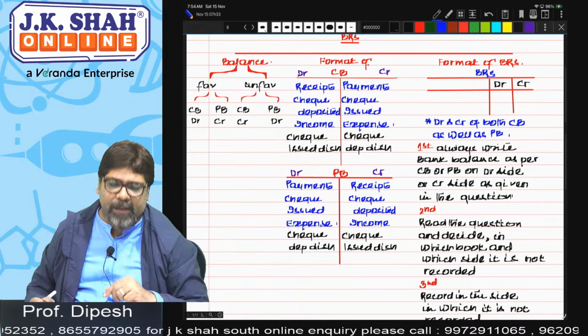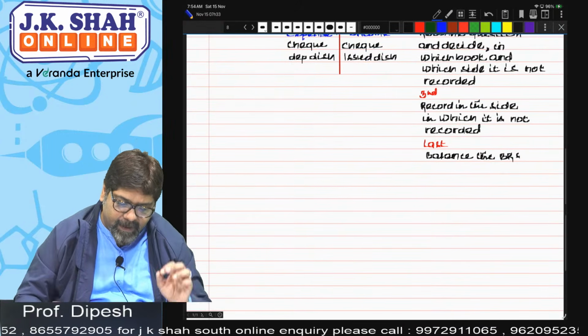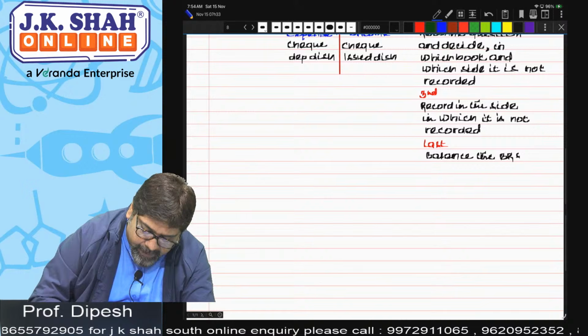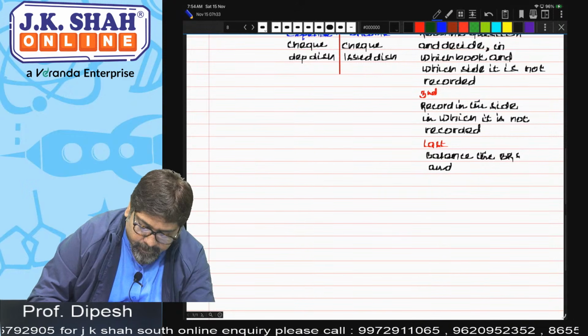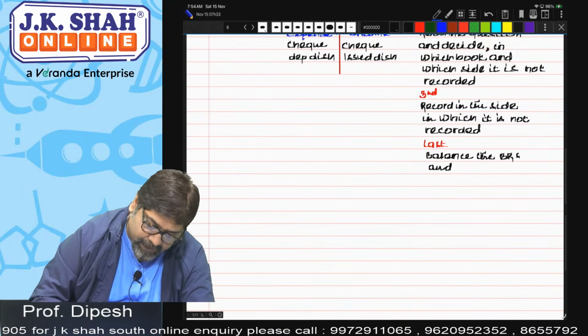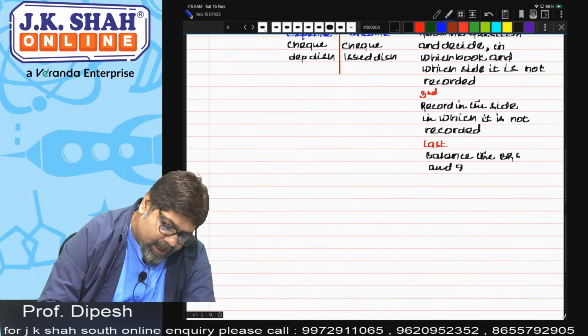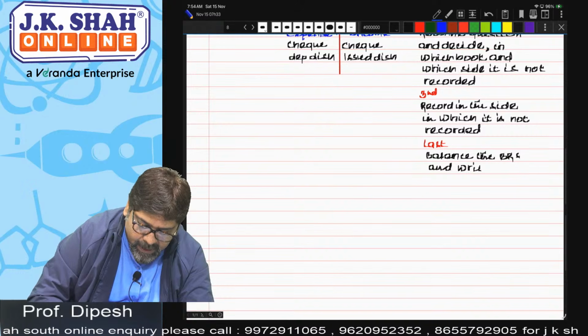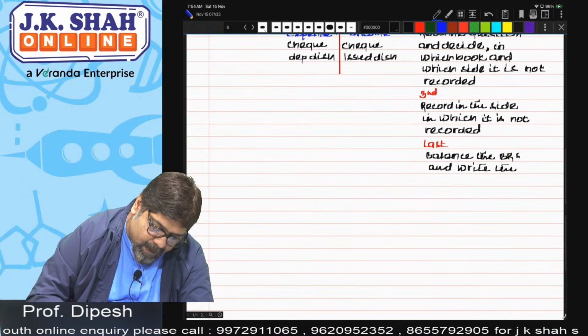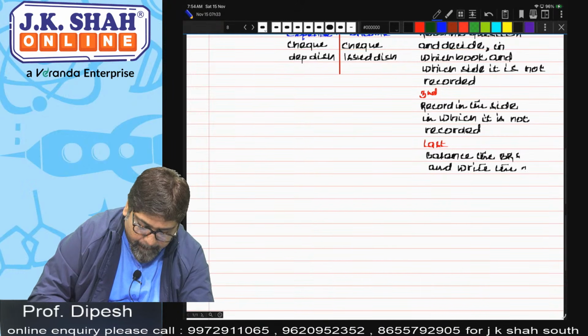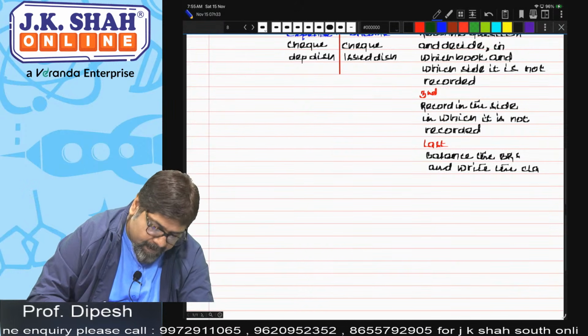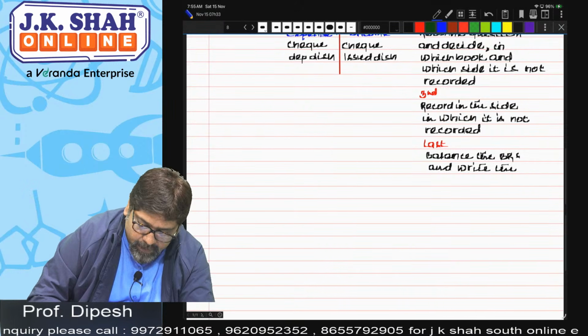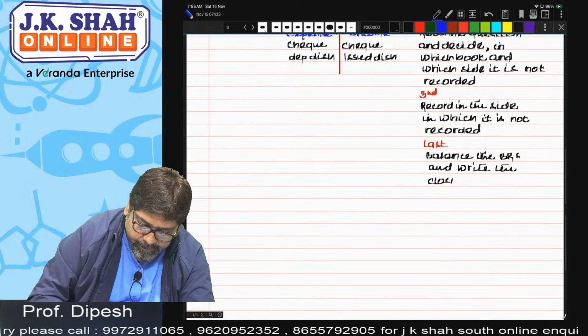If credit is more, chartered, then the balance will come on the debit side. Balance the BRS and write the closing balance.